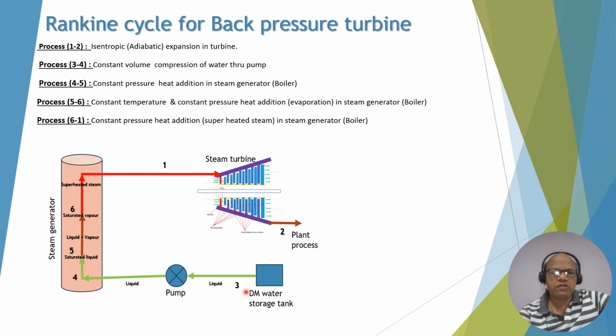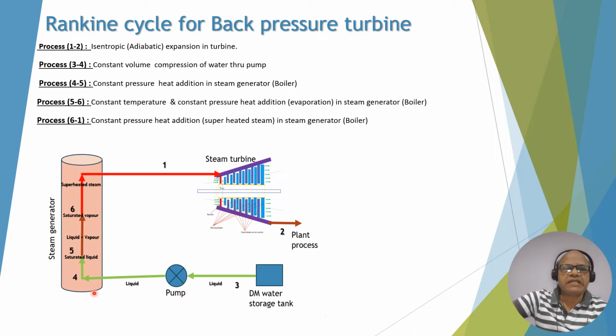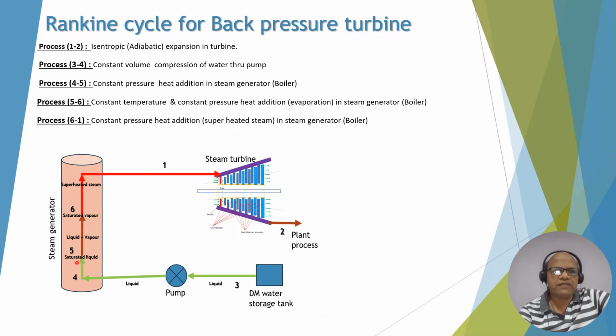Process 3 and 4: the pump pressurizes the water. So a feed water pump is normally used in process 3 and 4, where low pressure water is pressurized up to high pressure. Then process 4 and 5 is a constant pressure heat addition in a steam generator or boiler.